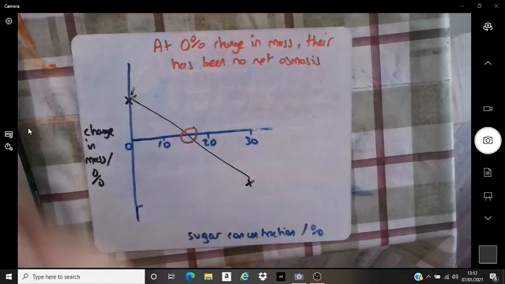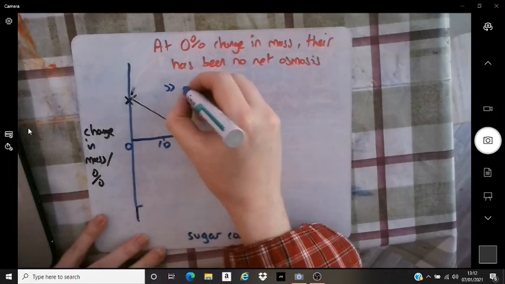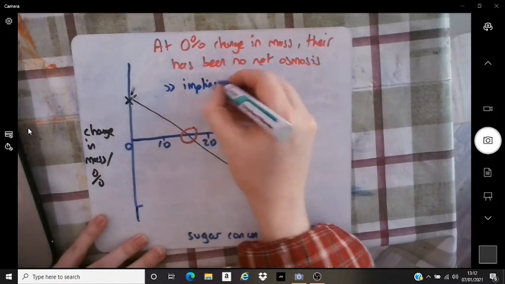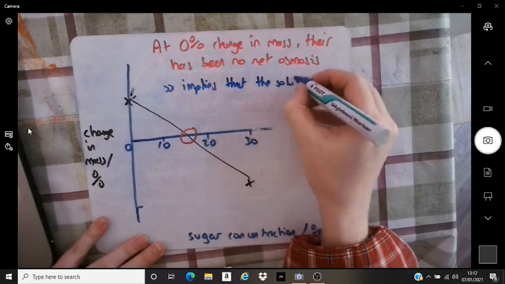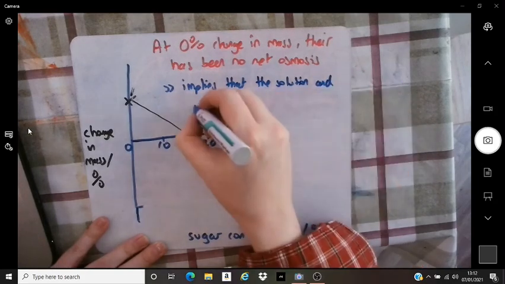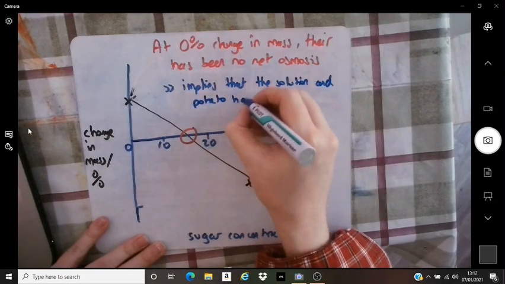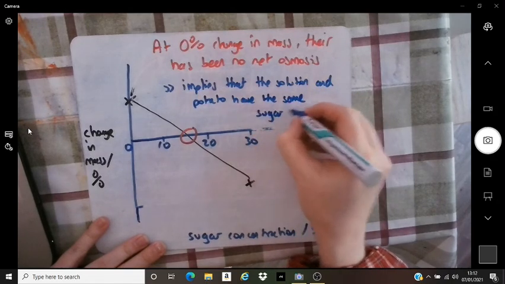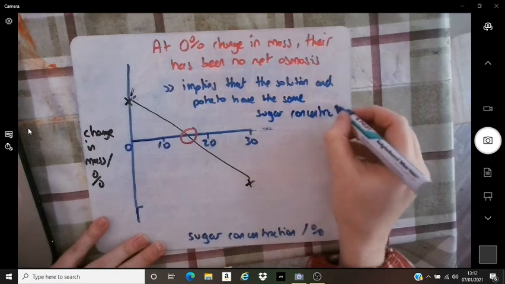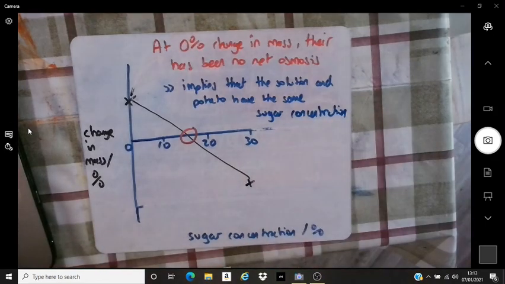The only way that occurs is if the solution and potato have the same sugar concentration. You might use the term they're isotonic to imply that.